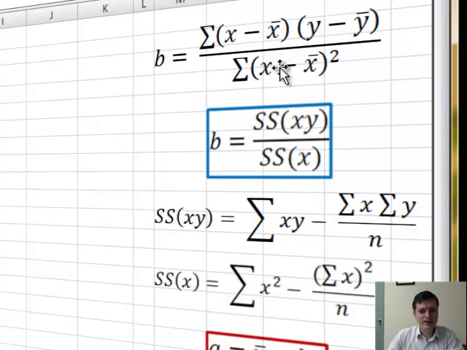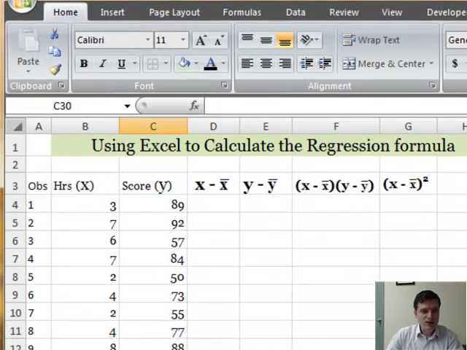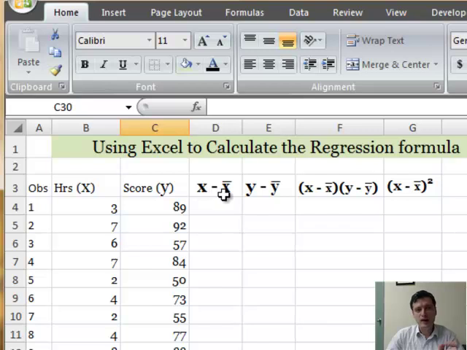So what do I need here? I need, first of all, to find the mean of x, to find the mean of y. So I can find the mean of x right down here and the mean of y down here. Then I can find the difference between each of the scores by the mean of x and by the mean of y. When I find that result, I will multiply them together, so x minus x bar times y minus y bar.